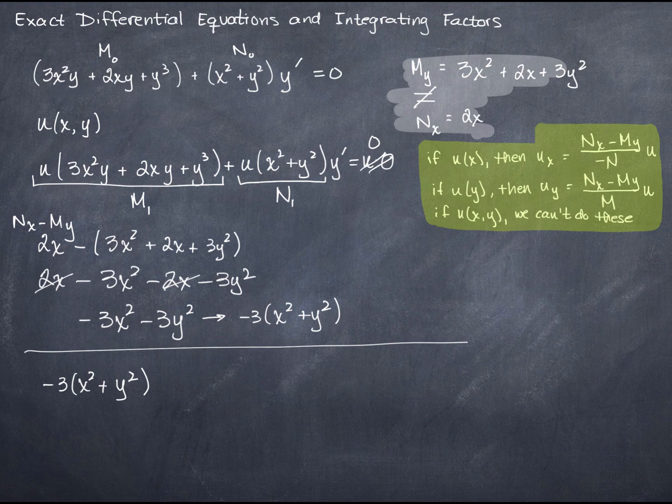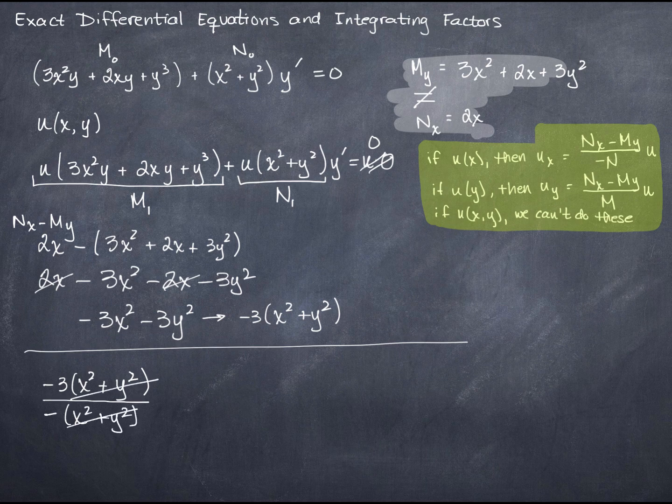And if you look at what we have here, it's very similar to N. So I'm going to choose, actually I want negative N, right? So I want negative x squared plus y squared, and then these cancel.